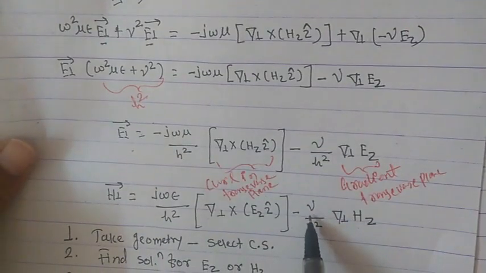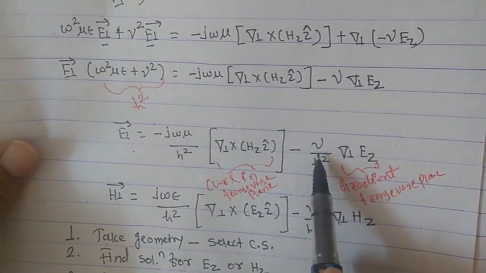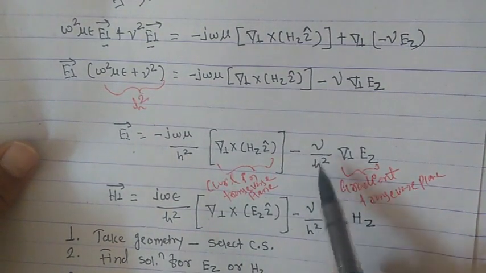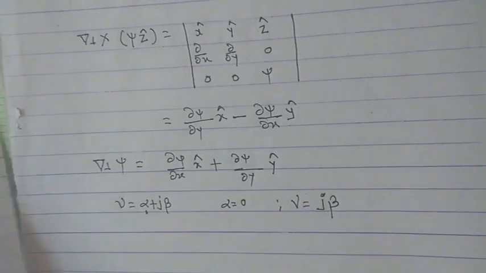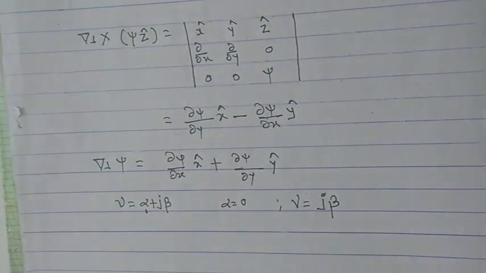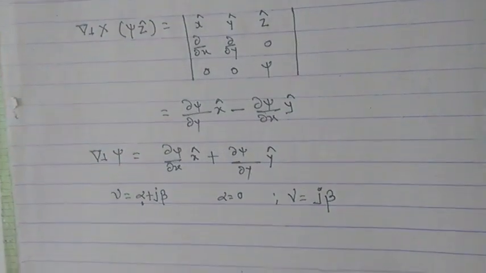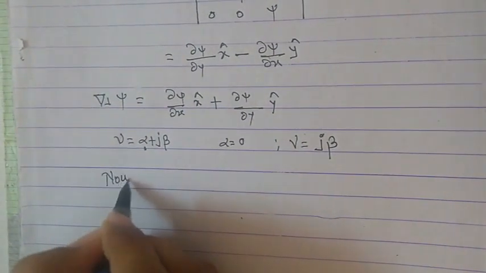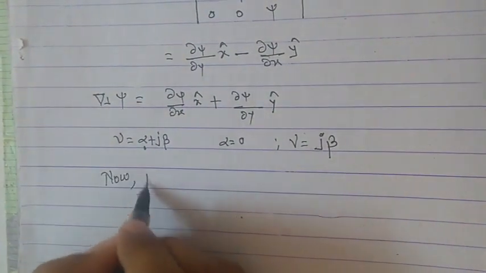Because we can replace this gamma by j beta. In some textbooks, you will find that this is written as j beta. Now we can finally write the transverse fields.